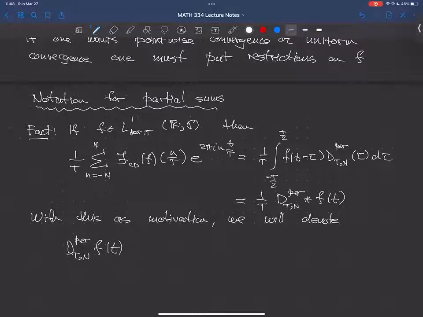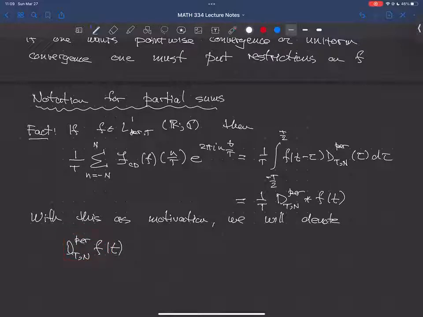So this is just notation, right? I'm defining that as a block. I'm just writing F adjacent to the symbol I use for the periodic Dirichlet kernel. So what I'm defining is that group of symbols. I'm not writing down the convolution. The convolution is here, and for the formula to be true with convolution, it needs this factor of 1 over T, and that's what I'm eliminating with this notation.